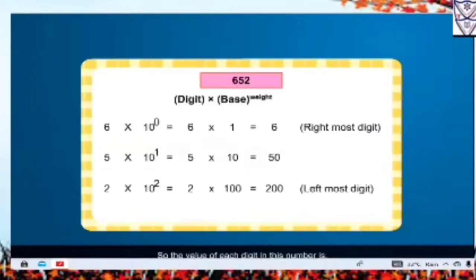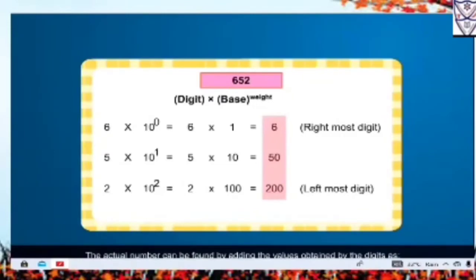So the value of each digit in this number is digit into base raised to the power weight. 6 into 10 raised to the power 0 equal to 6 into 1 is equal to 6, rightmost digit. 5 into 10 raised to the power 1 is equal to 5 into 10 is equal to 50. 2 into 10 raised to the power 2 equal to 2 into 100 equal to 200, leftmost digit.